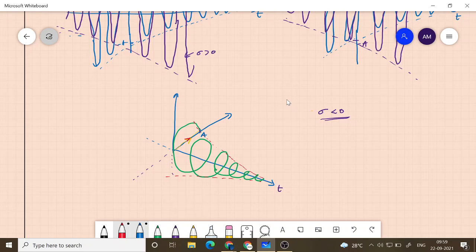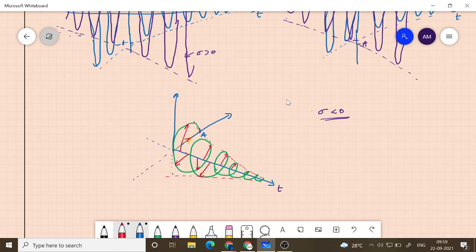This is the vector I showed at time t equal to 0, and after some time it will come like this, then after some time it will go like this, then like this, then like this, then like this. So this vector is not of the same length, its length is reducing.